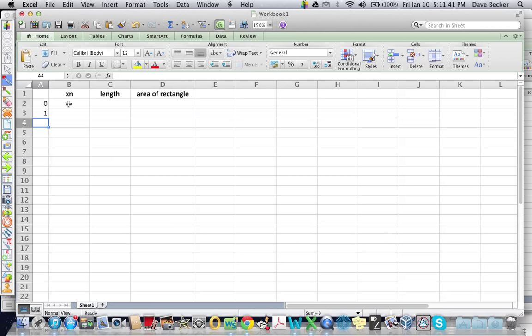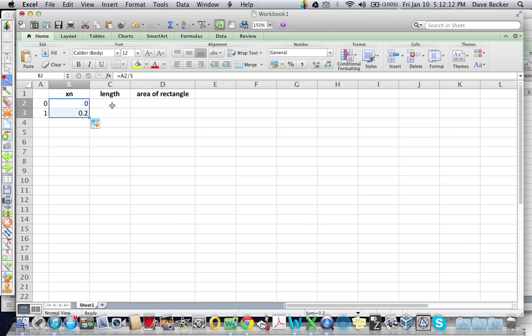The first thing I'm going to do is 5 rectangles. Then I'll go straight to 500 rectangles. So if I'm going to have 5 subdivisions, I'm going to have to take this and divide it by 5. So 0 divided by, equals this cell divided by 5. Okay, and then I'll click and drag to get that formula in there.